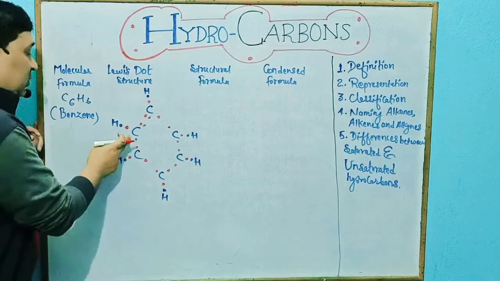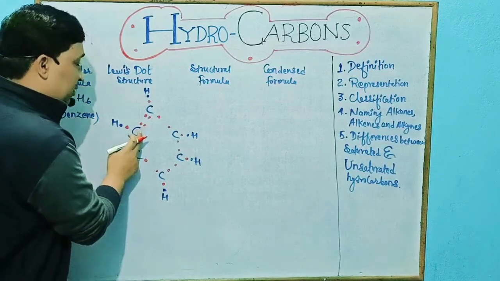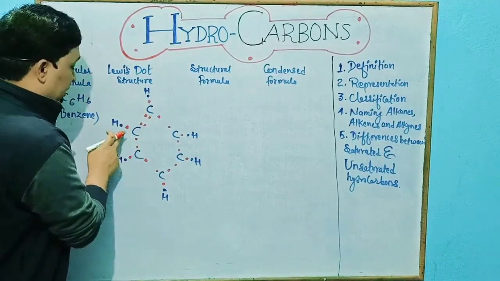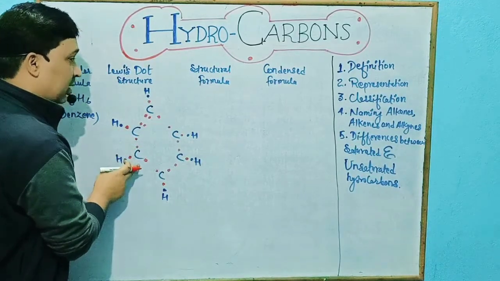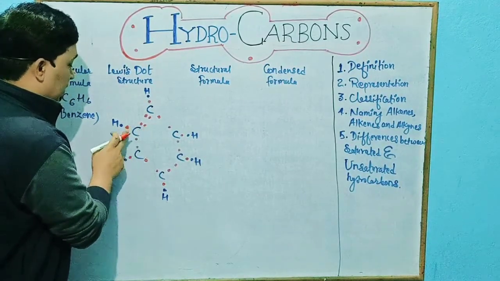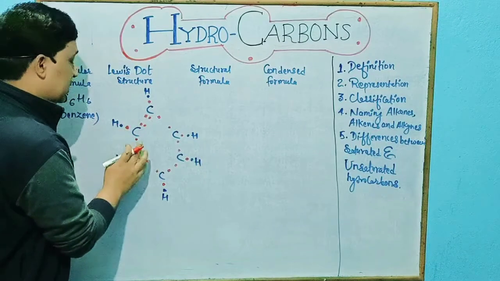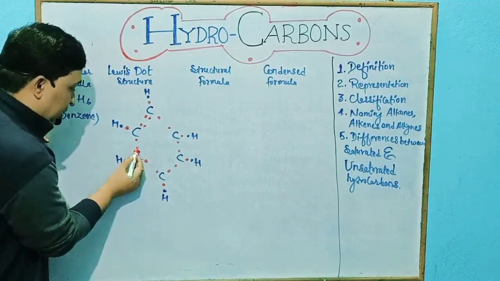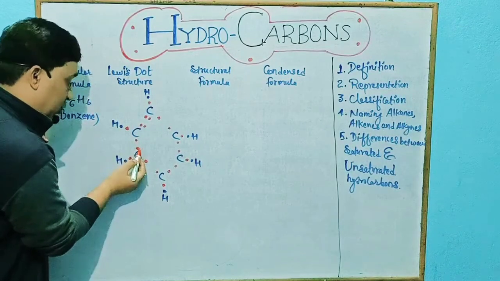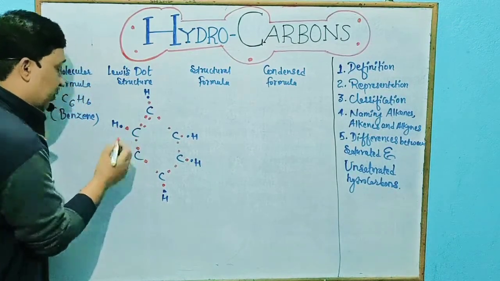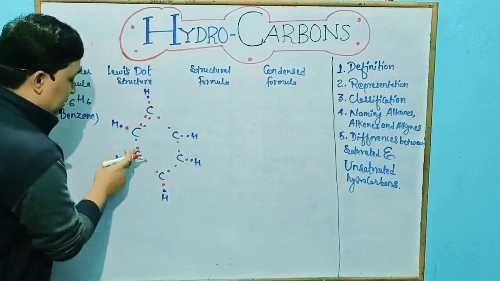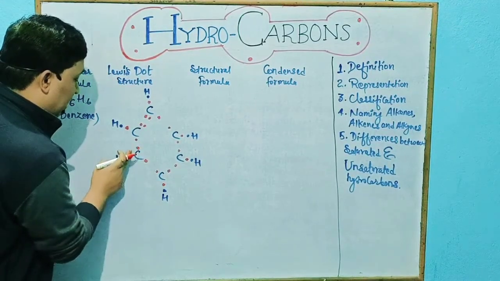Now, coming to this carbon atom, 2 electrons of this carbon atom are shared with the first carbon atom, and 1 with the hydrogen, another one with the next carbon. So it is 2, 3, 4. All covalences fulfilled. Now, coming to this carbon atom, one electron is shared with this carbon atom, one with this hydrogen, one with this carbon, right? So the sharing of electrons is only 1, 2, 3.